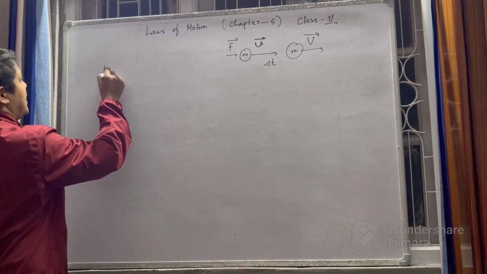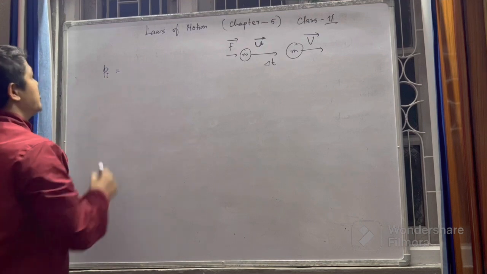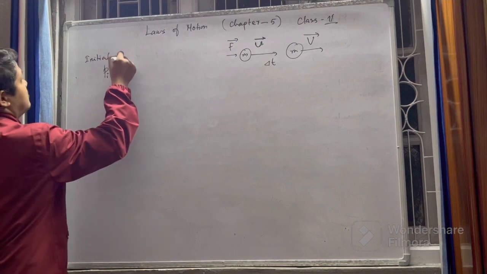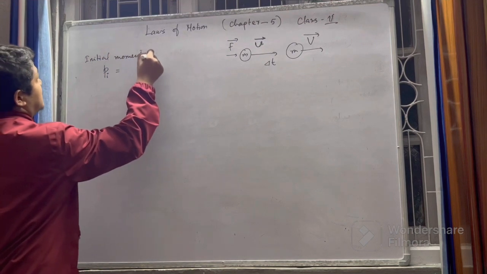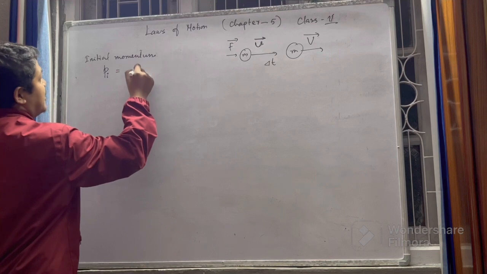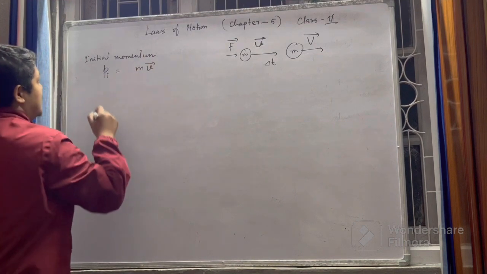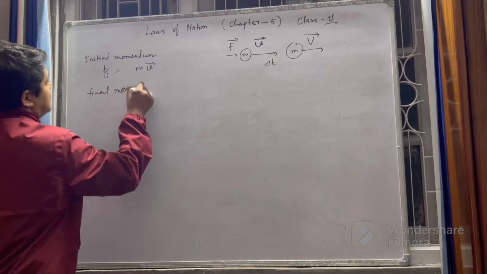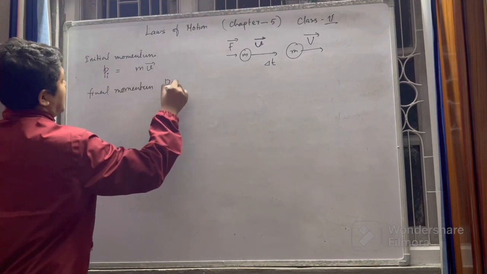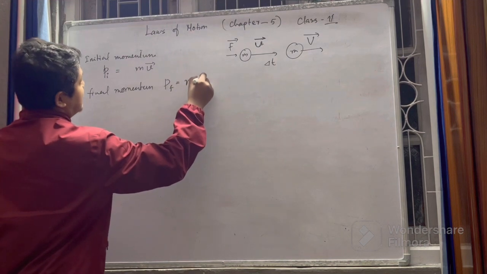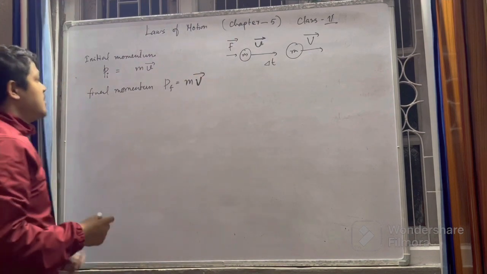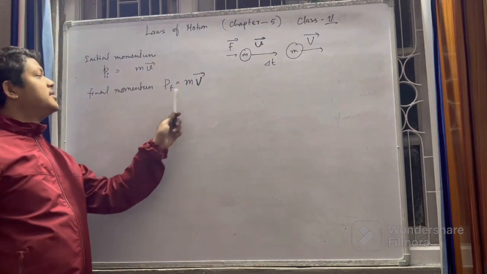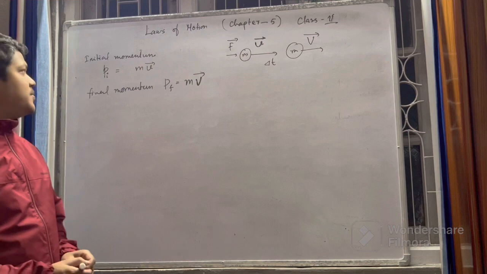So what will be its initial momentum? Initial momentum pi, that's going to be m into u, right? And final momentum pf is going to be m into final velocity v. Initial momentum, mass into initial velocity; final momentum, mass into final velocity, right? Hope this is clear.